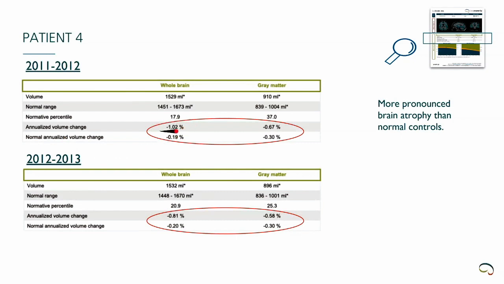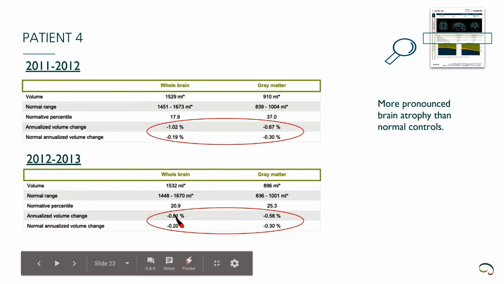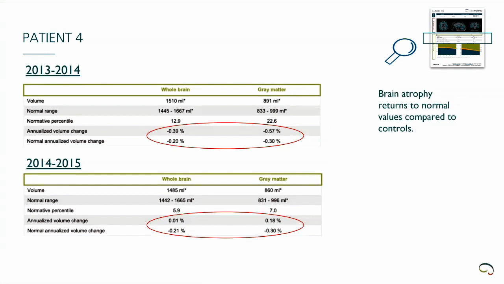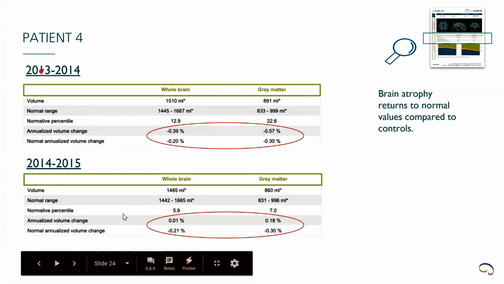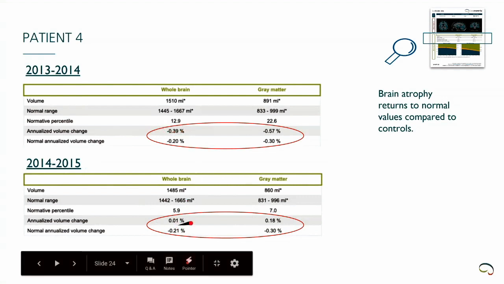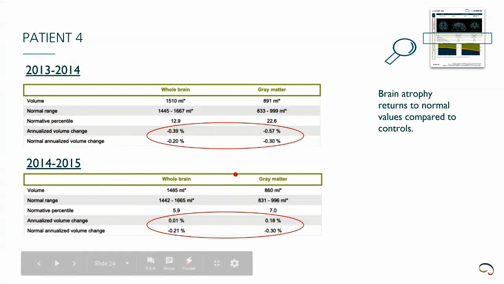Here also 0.8 annualized, which is more than we would expect in normal controls. And comparing further 2013 to 14 and 2014 to 2015, we see that the decrease in brain volume is lower in these time periods. So it seems like in the beginning of the monitoring there was a more pronounced atrophy effect, which was then later decreased.